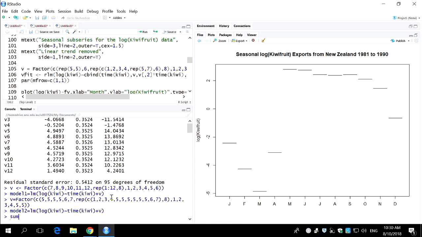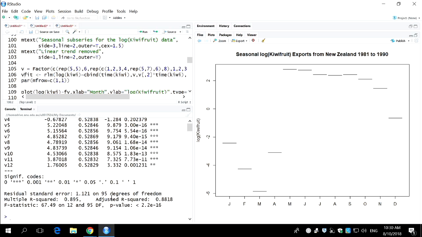Now let's have a look at the summary of model 1. The model 1 summary gives me an adjusted R squared of 88%. How about model 2? Also 88%. So I've saved 5 parameters, and I've got the same adjusted R squared. That's almost a sure sign that you want the smaller model.